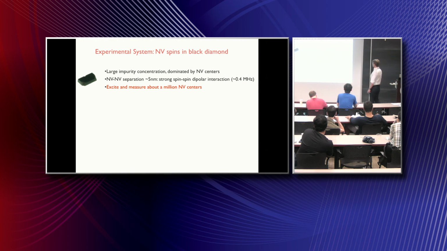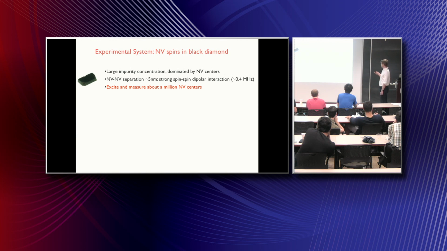Specifically, the experimental system that we will focus on has a lot of these defects. In fact, we'll work with crystals which have such a large density of defects that the diamond starts literally looking black when you illuminate it with white light. It loses its transparency completely.